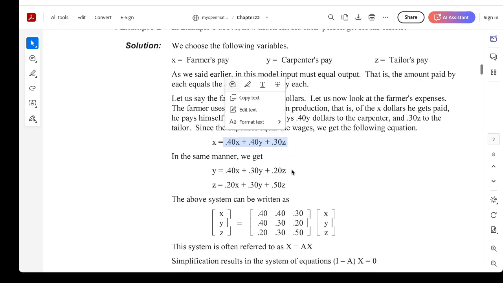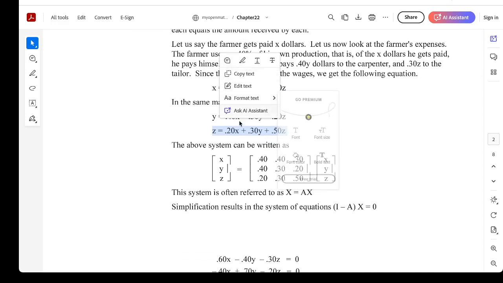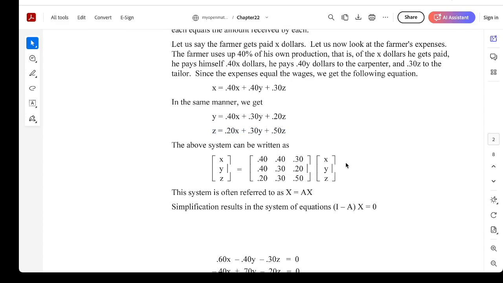A similar equation can be written down for what the carpenter gets paid and what the carpenter's outlays are, and the same thing finally for the tailor and his outlays. When you put those three equations together, it forms a linear system where the vector x, y, z is equal to a matrix-vector product.